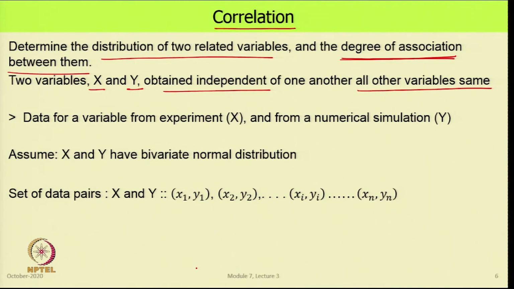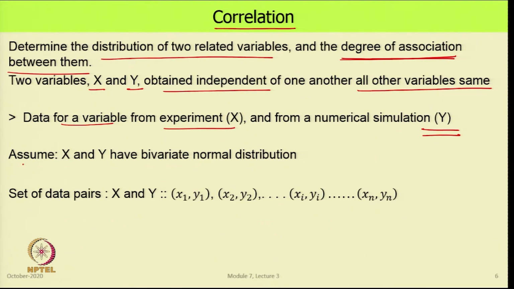For example, we could have data on a variable from an experiment, and then we solved the governing equations either explicitly or through a numerical scheme and got a value of the same variable from the numerical simulation. And then we ask, how well are the two connected?